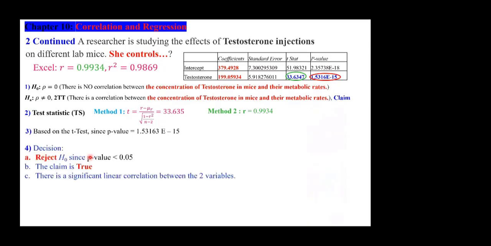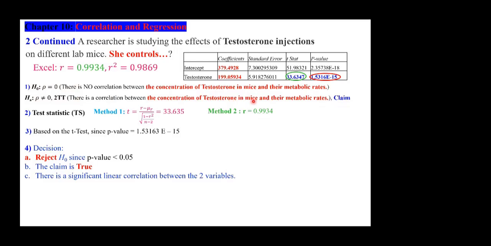We are going to reject H0. Why is that? The p-value is way smaller than alpha of 0.05. In science, normally, such as social sciences, we use 0.05 as alpha unless otherwise mentioned. So you're rejecting H0. So let's go back. If we are rejecting H0, that means we are okay with HA, and the claim becomes true. There is a significant linear correlation between the two variables.